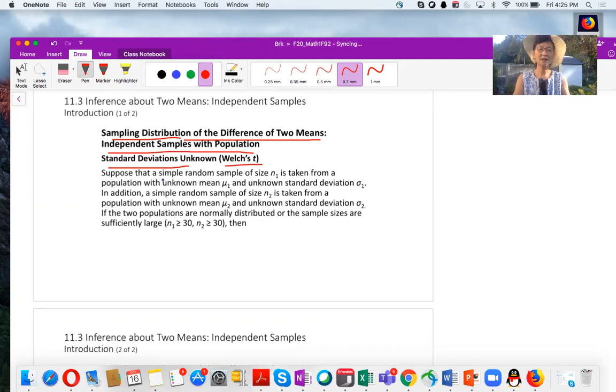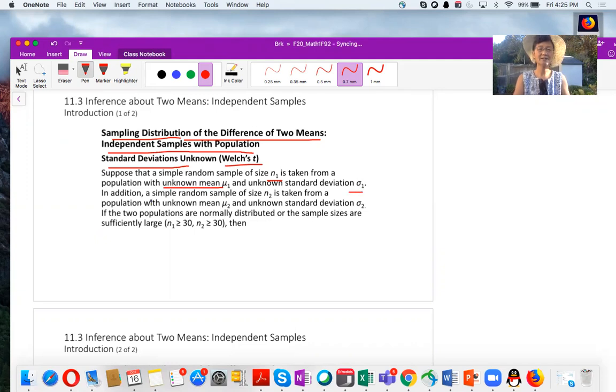Suppose that a simple random sample of size N1 is taken from a population with unknown mean mu1 and unknown standard deviation sigma 1.